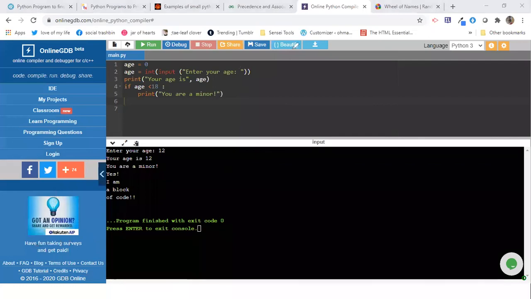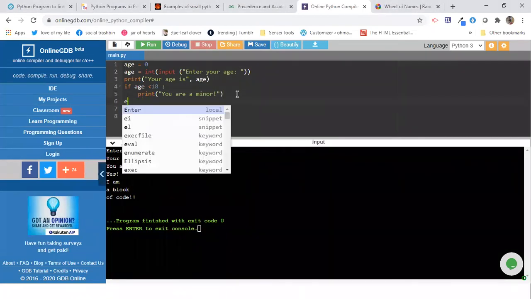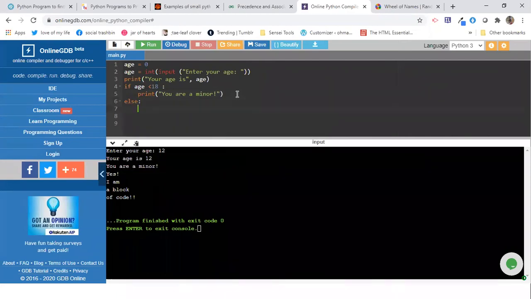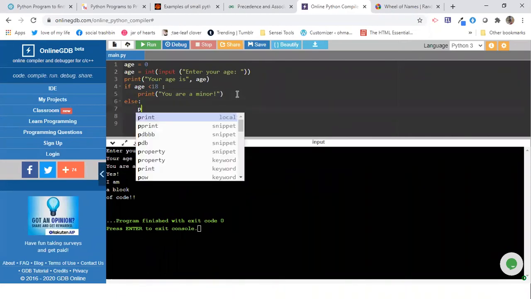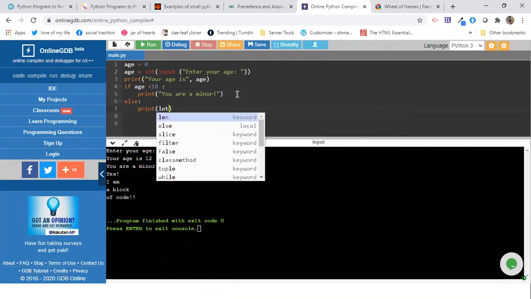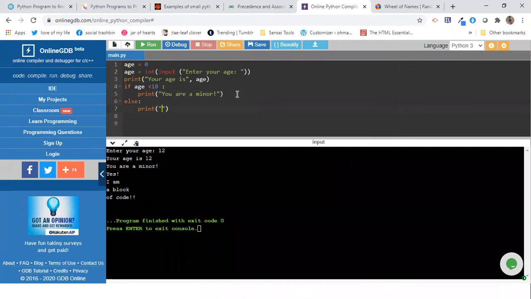So, dadagdagan lang natin yung code natin. Else, print, play card. Okay? So, let's check. Everything okay?